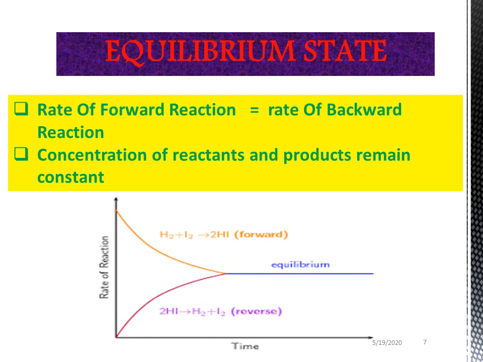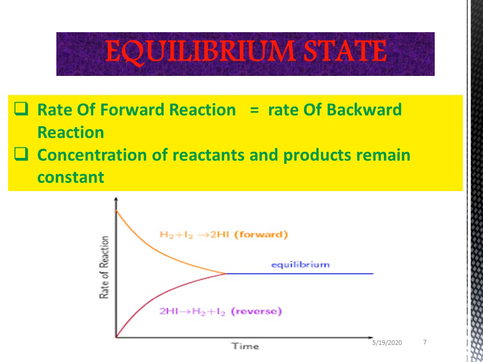Here you can see this graph. In the forward direction, when hydrogen and iodine react together, they give us 2 moles of hydrogen iodide. But this reaction does not go to completion.